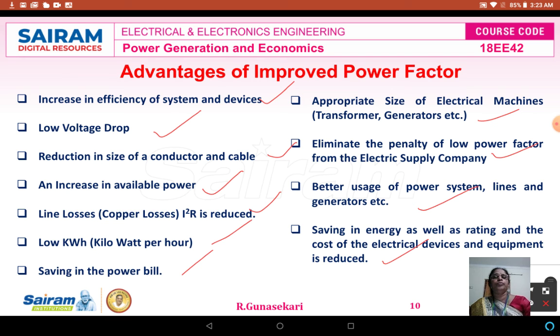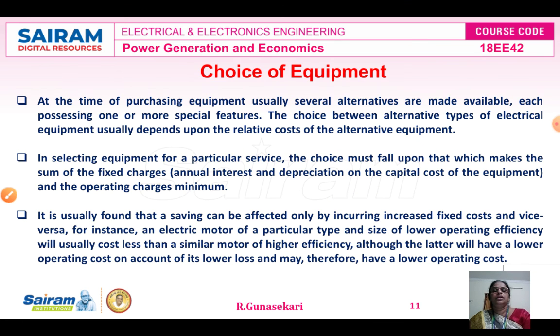So first, how power factor is improved with the help of equipment: static capacitor, synchronous condenser, phase advancer. Then, the advantages of improved power factor. Then the last one is choice of equipment. At the time of purchasing equipment, usually several alternatives are available, each possessing one or more special features. So the choice between the alternative types of electrical equipment usually depends upon the relative cost of the alternative equipment.